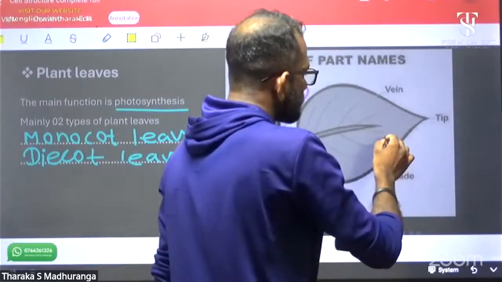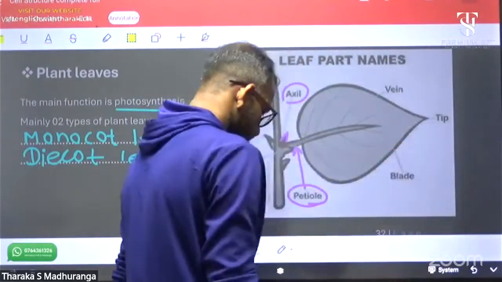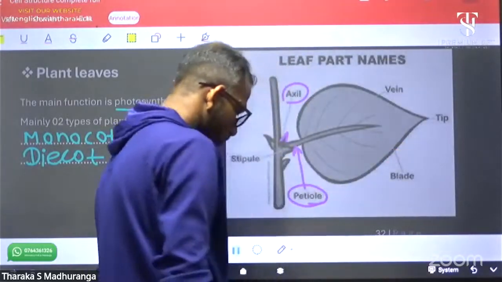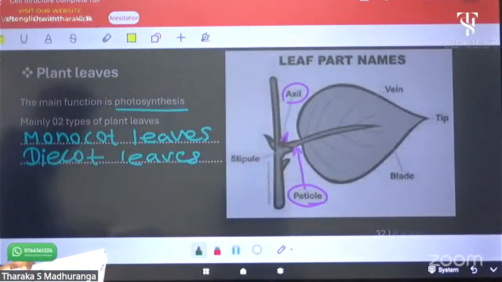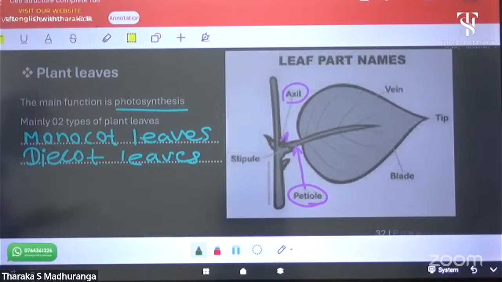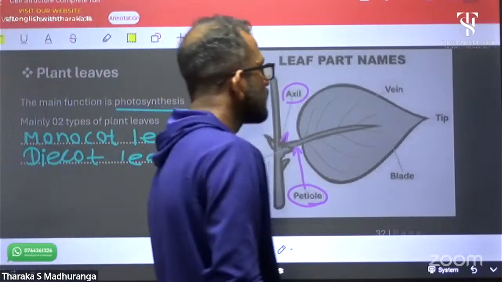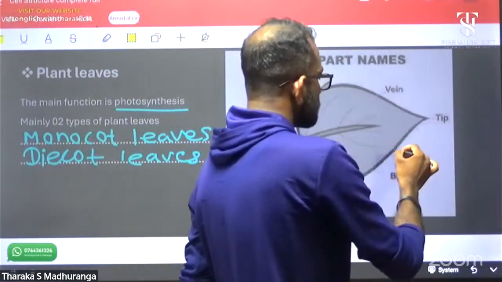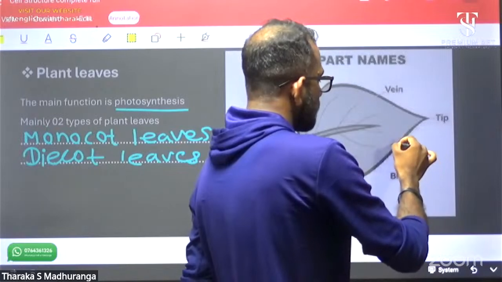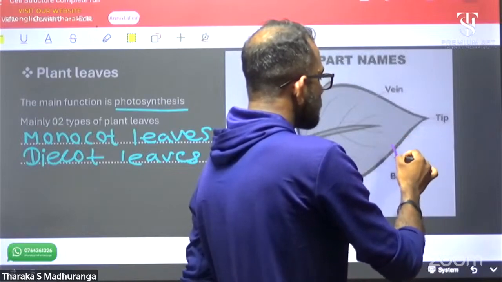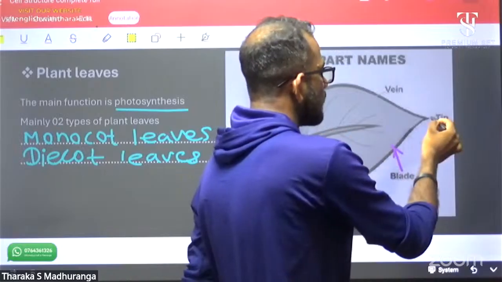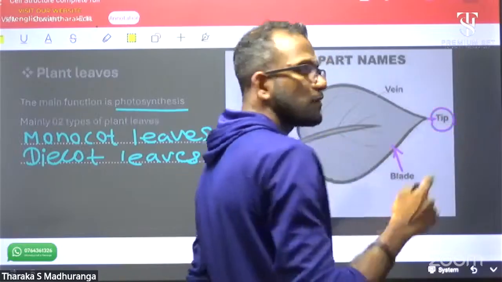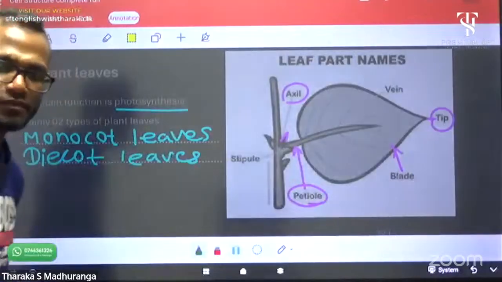And these are the veins, and this edge we call the leaf blade, and this is the tip, the edge of the plant leaf.